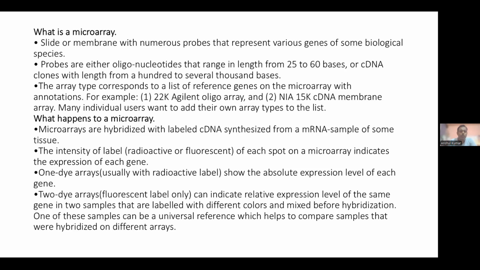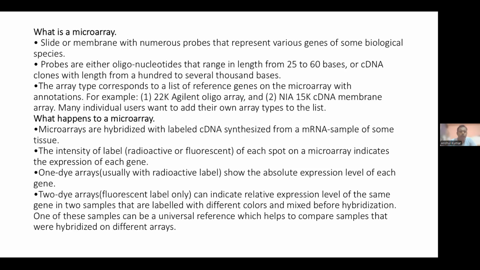What happens to a microarray? Microarrays are hybridized with labeled cDNA synthesized from mRNA samples of some tissues. The intensity of the label, radioactive or fluorescent, of each spot on a microarray indicates the expression of each gene.